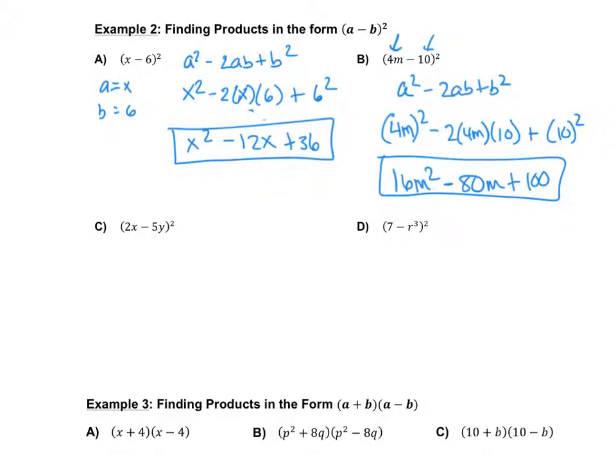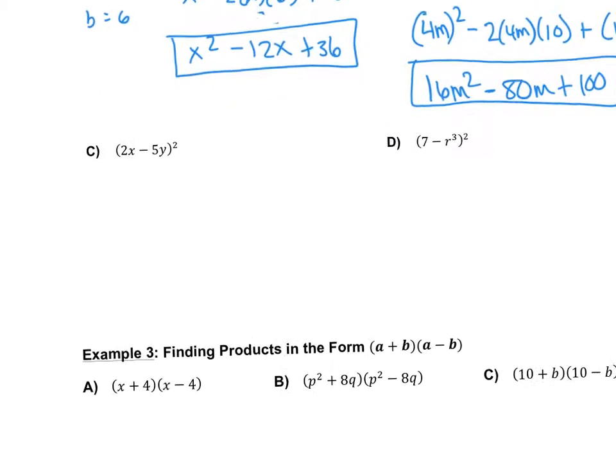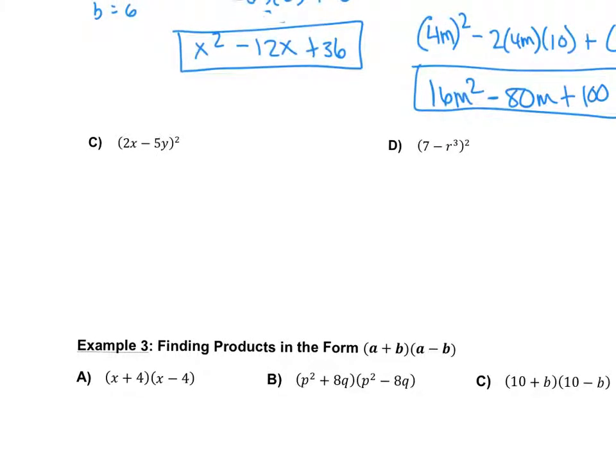Okay, now we have, oops, our a is 2, our b is 5. So let's do this again. A squared minus 2ab plus b squared. So I know that minus is there because I have a minus in the problem. Oops, a was 2x, sorry, and b was 5y.